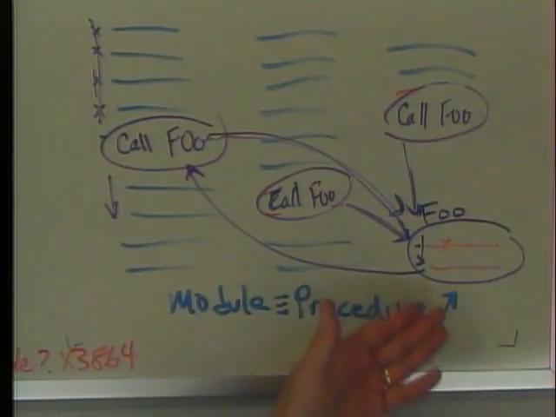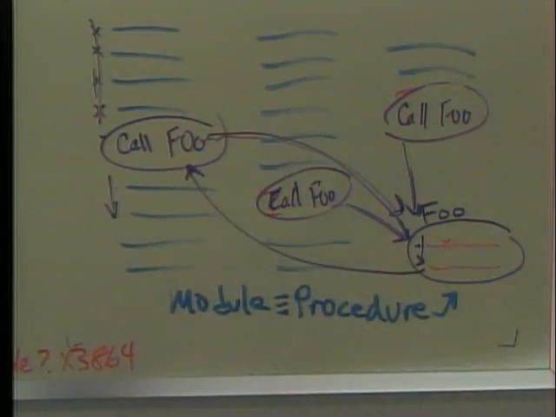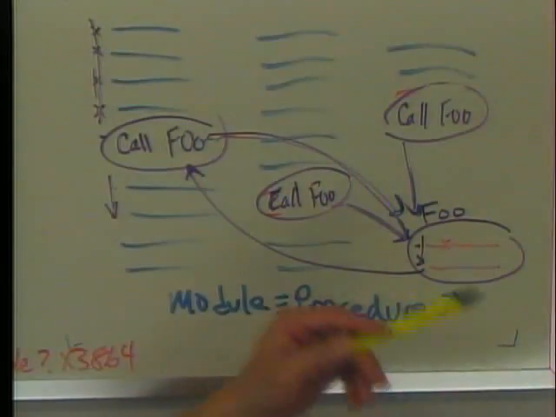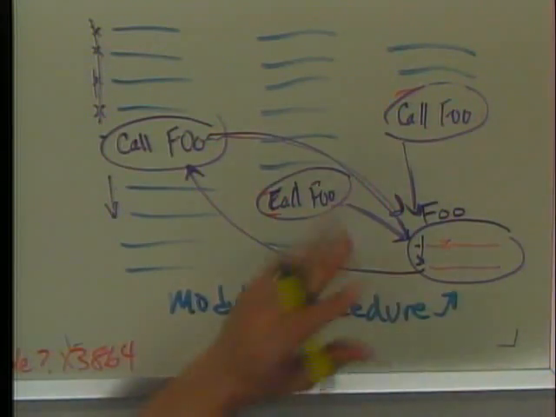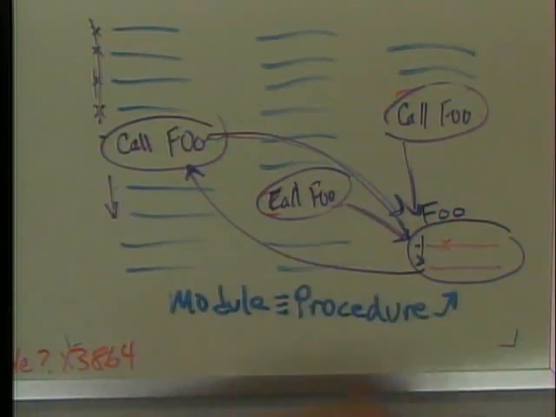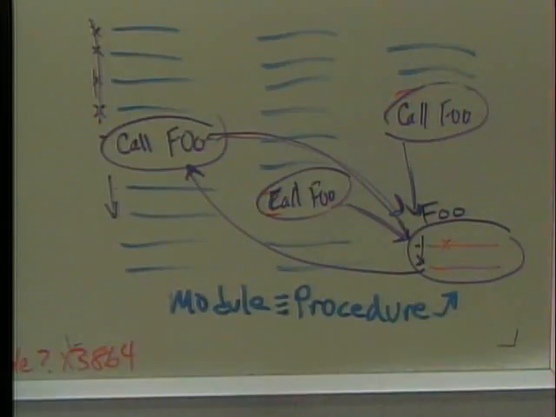If you're working at a company building a program, and you write some code that's really helpful and handy, and maybe some other people want to use it, you say, look, I've got this procedure, I'm going to put it in a file, and whoever wants to use it can use it. Then we have something reusable, and that's another benefit.